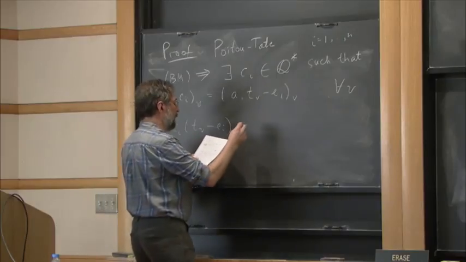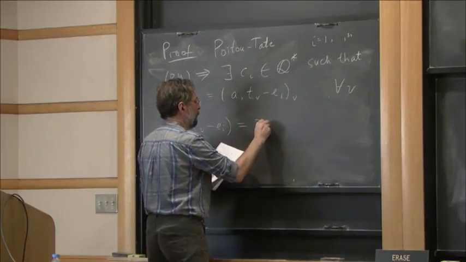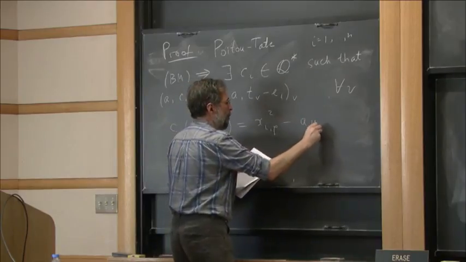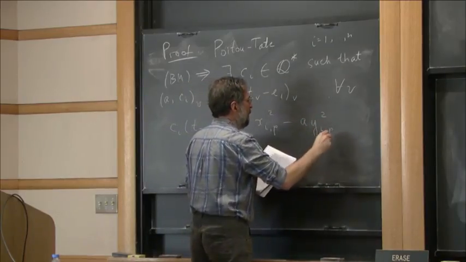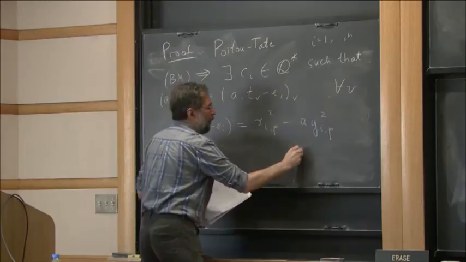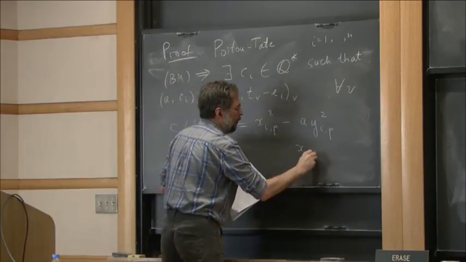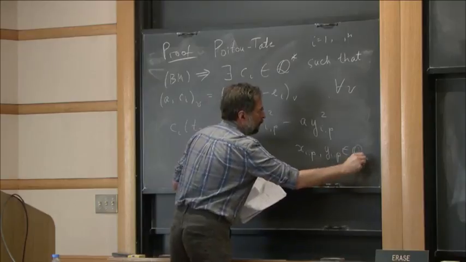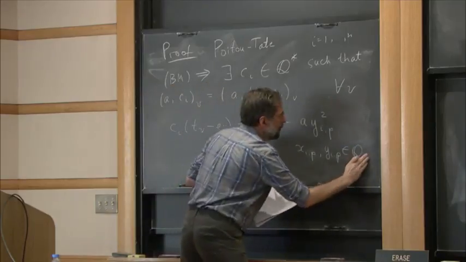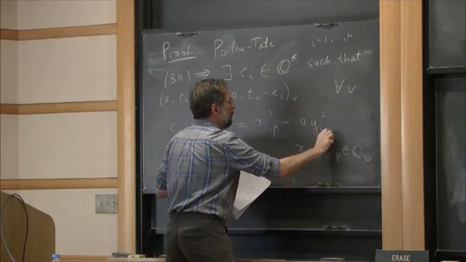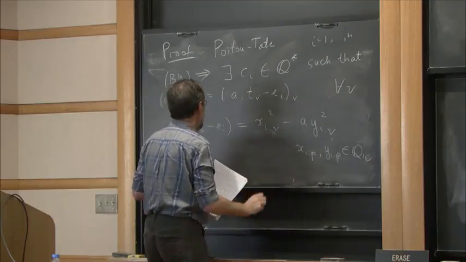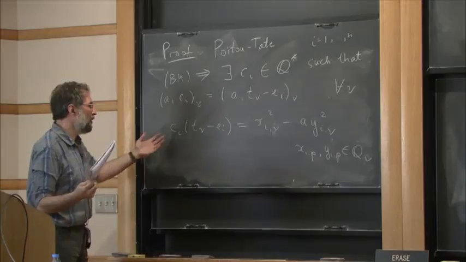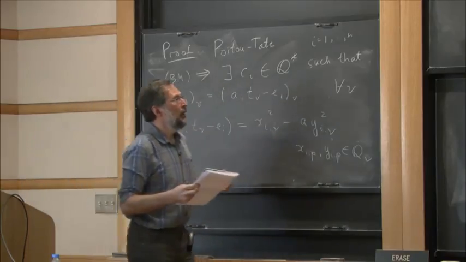So I can write it like this. So there exists, for every place v, this local norm. That's all I say.